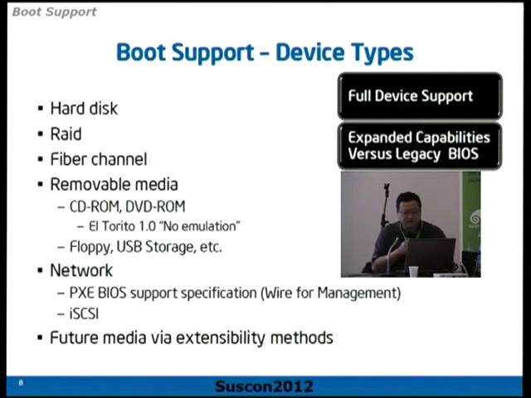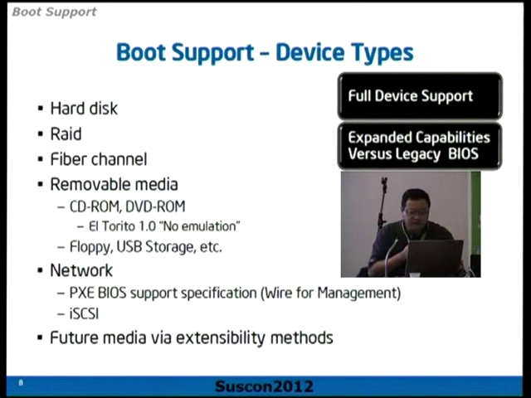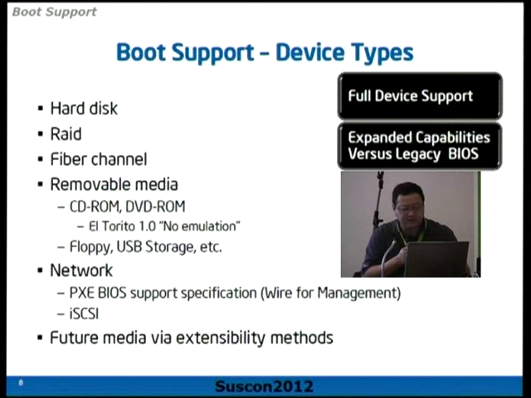So typically you're installing to the hard disk, and on a server it might be a RAID or a Fibre Channel device. Typically you're installing from some removable media, USB or CD-ROM or DVD-ROM, and there's a specific format, El Torito no emulation, or the FAT partition off of a USB stick, where you're typically installing from a specific location off of that removable storage device in order to get it onto the hard drive or RAID volume.